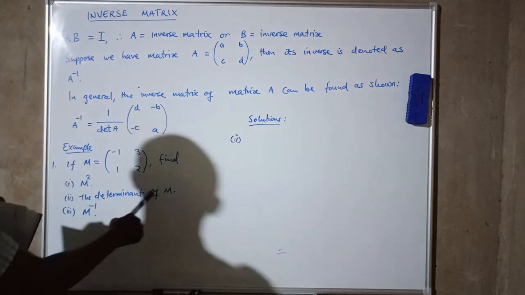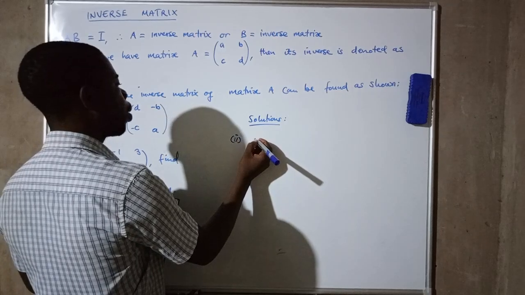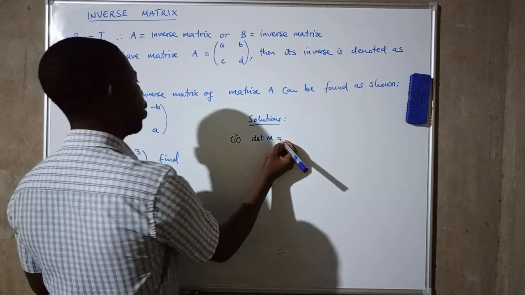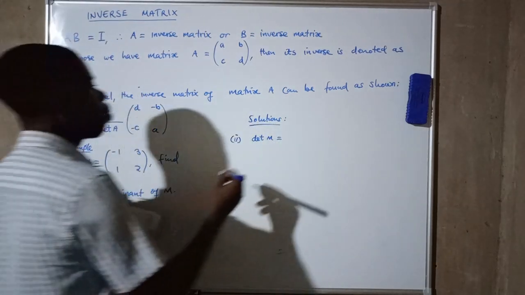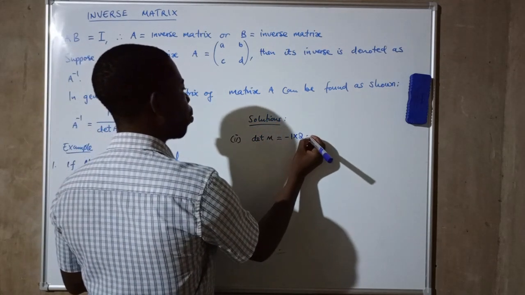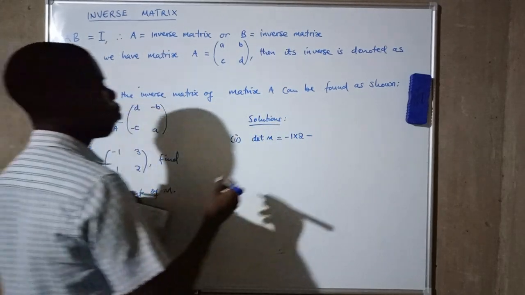The determinant of M, remember, we said you get the elements in the major diagonal and multiply them, like 1 times 2 minus 3 times 1.